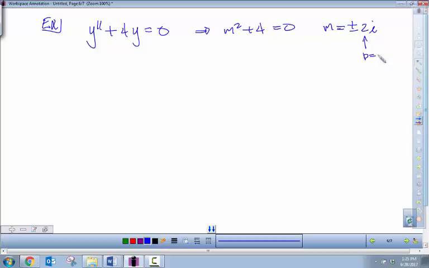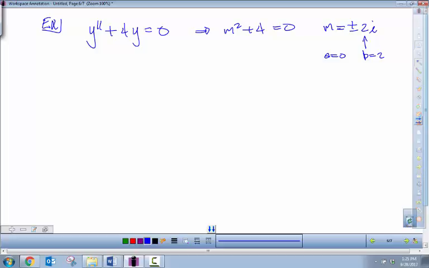What's a equal to? Because we need to match it up with the formula, right? So a is equal to 0. The real part is equal to 0. It's a purely imaginary number. So a is going to be 0, and that's going to be important for us.